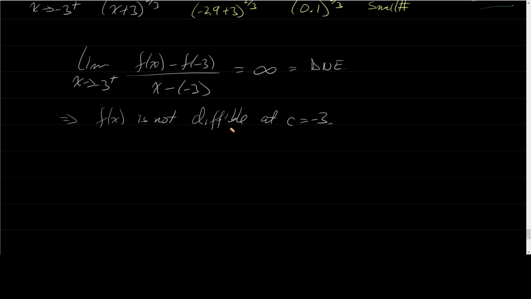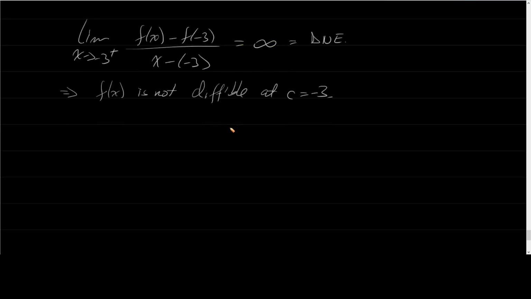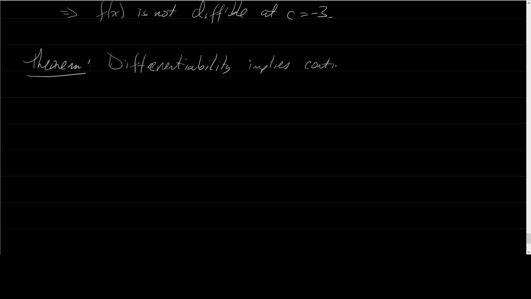All right. So now let's see what theorem this all brings us to. So here we go, theorem. And this is what the theorem is called, or it says: differentiability implies continuity, right?